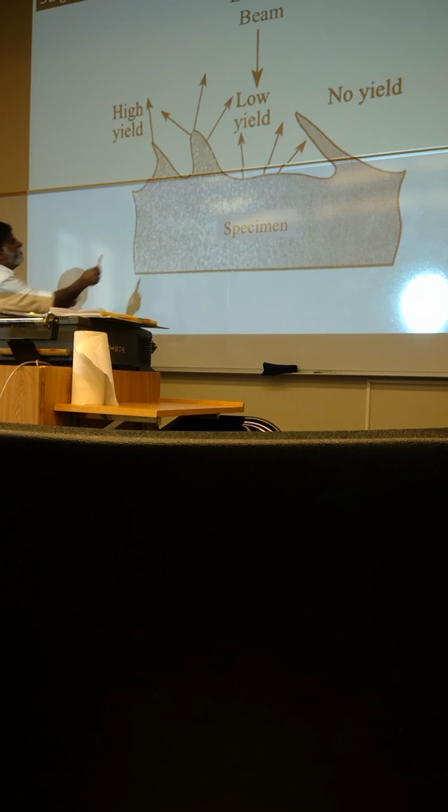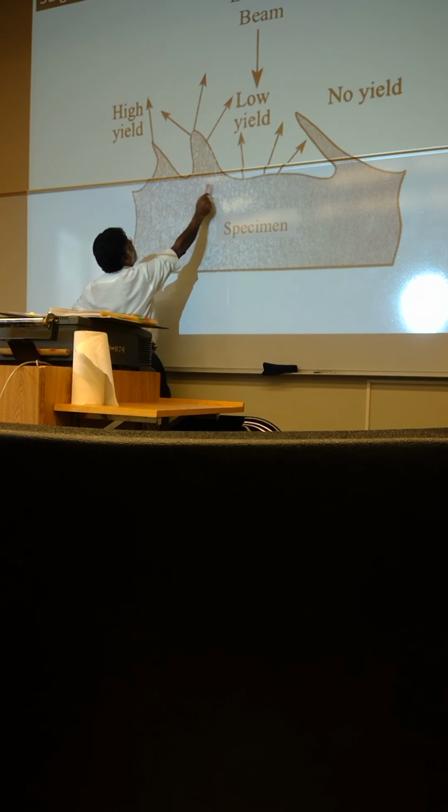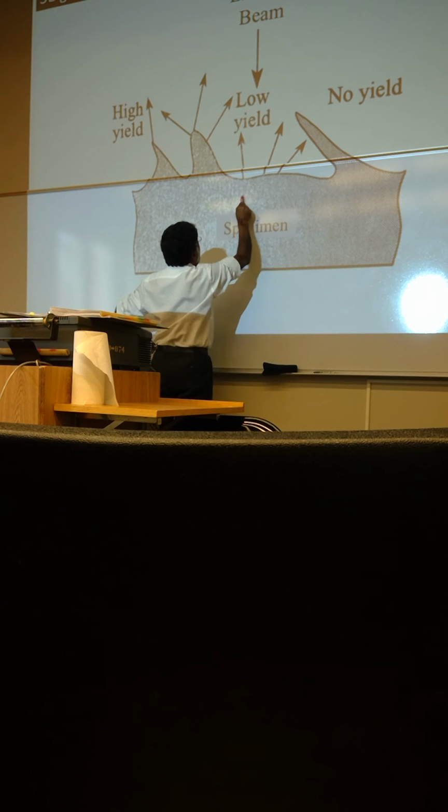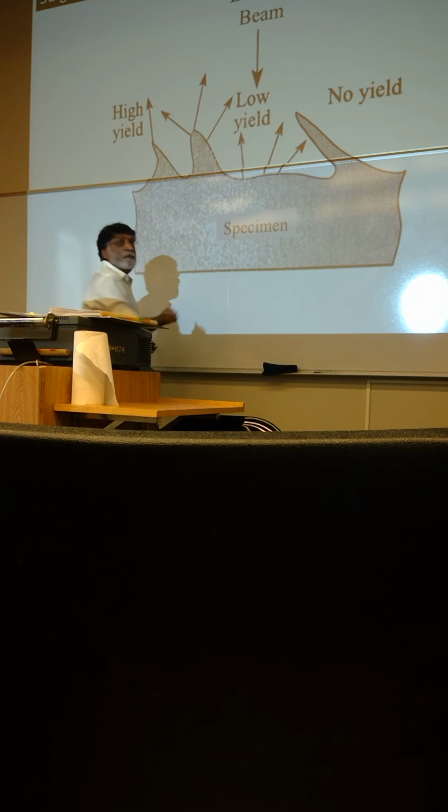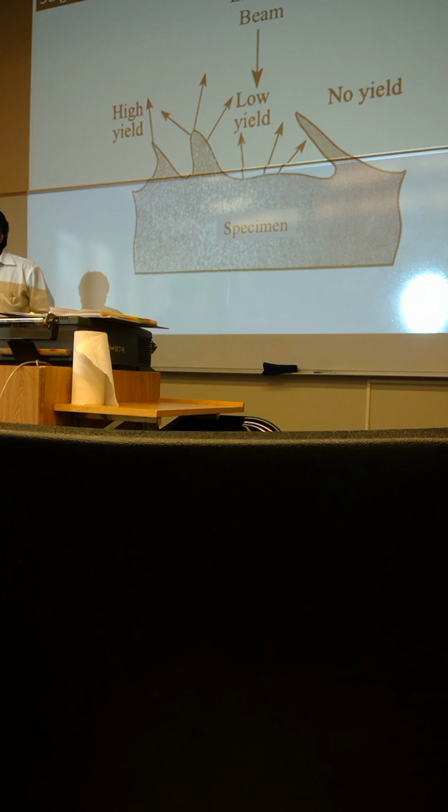On the other hand, if you are somewhere here, for example, if you go down a little bit thicker, it cannot come out. So you get contrast by both mechanisms. The topography, which is the orientation of the surface, and a number contrast coming from sharpness of the edges and so on, where even when you get excitation at a certain depth, the surface is really close by, and you still get the secondary contrast.